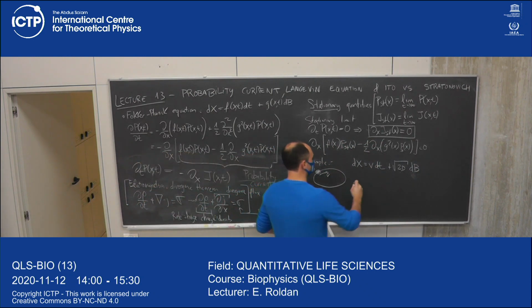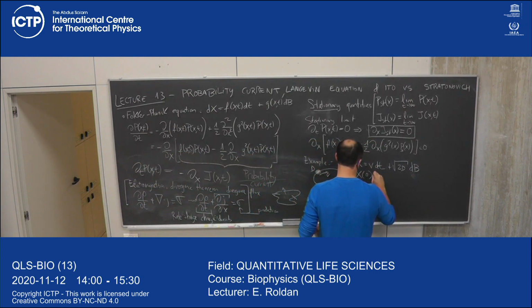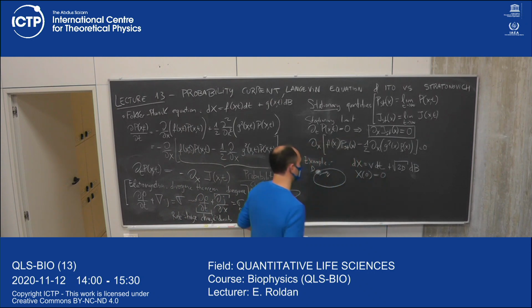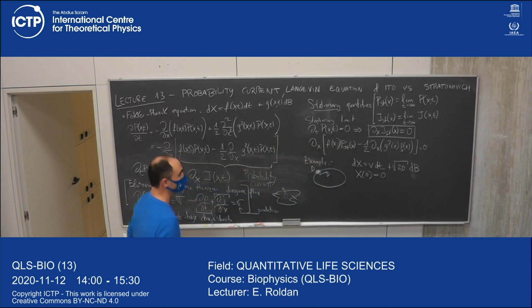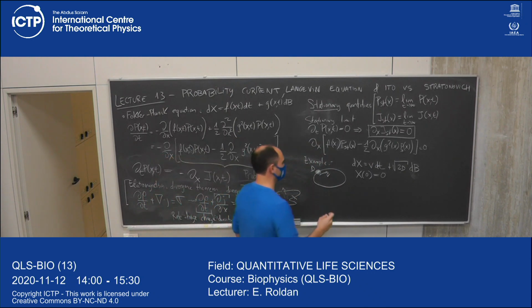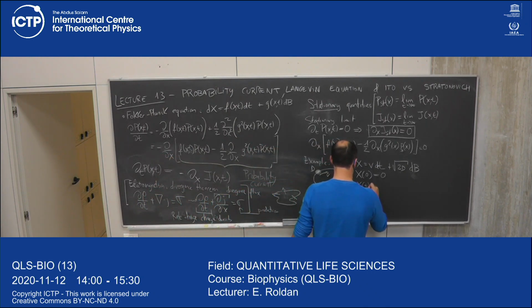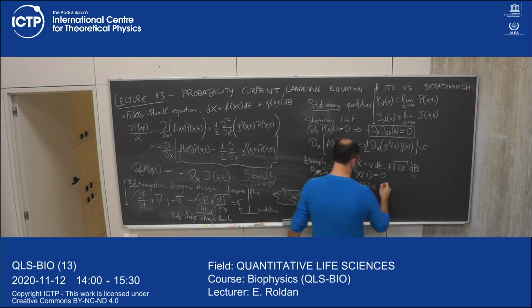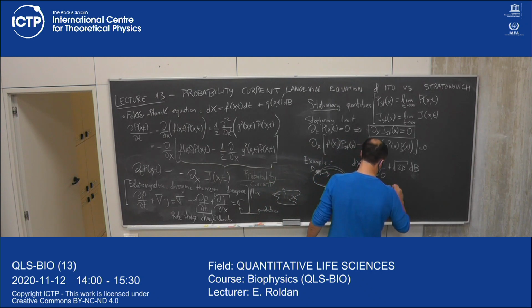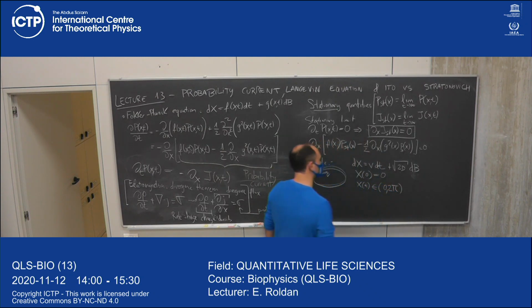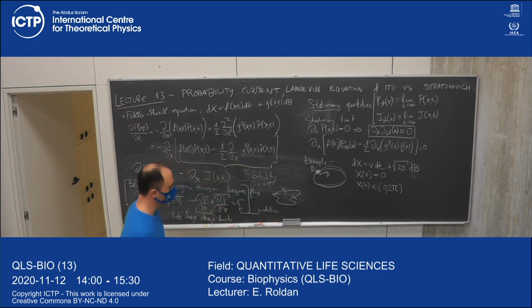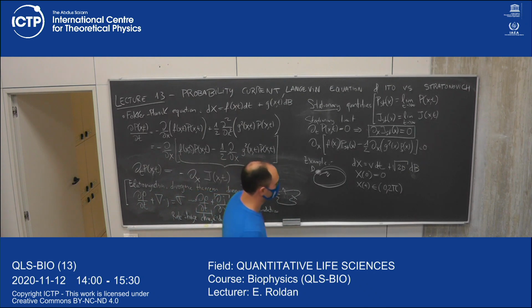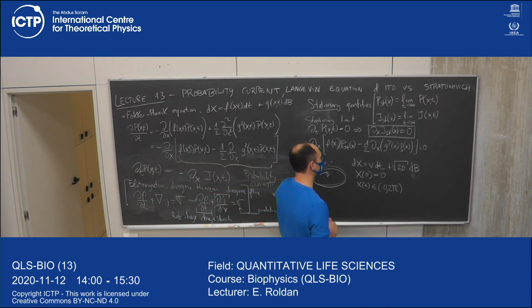We could say, for example, that x at time 0 is 0. And we could also say that x is in a ring. So x of t belongs to, for example, 0 to 2 pi. So when you have this equation, you realize one thing.